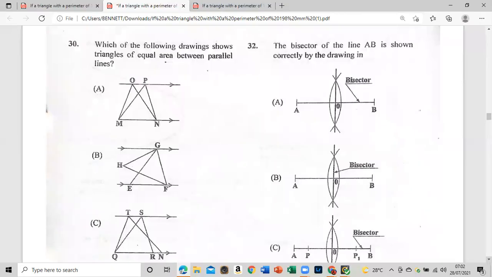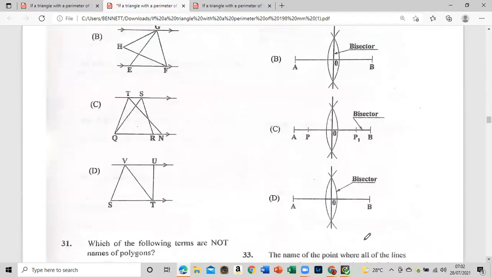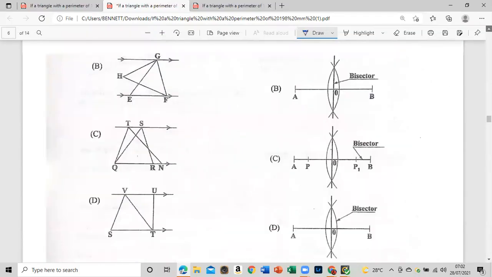Which of the following diagrams show the triangles of equal area between parallel lines? So not this. All right.